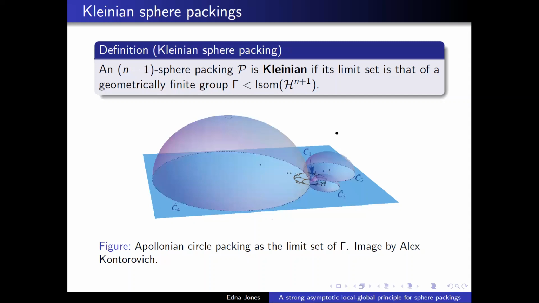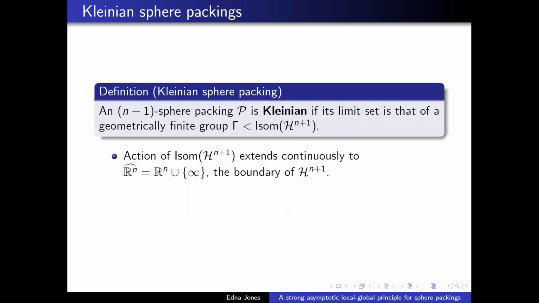Some important things to know about Kleinian sphere packings: the action of isometries of n+1 dimensional hyperbolic space extends continuously to R^n hat, which is R^n union the point at infinity, and this is the boundary of n+1 dimensional hyperbolic space.